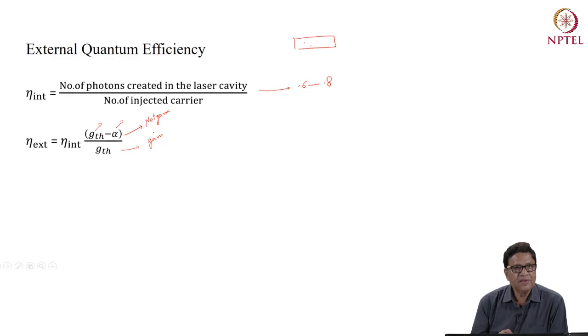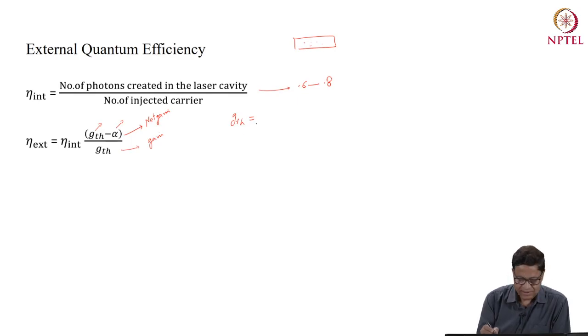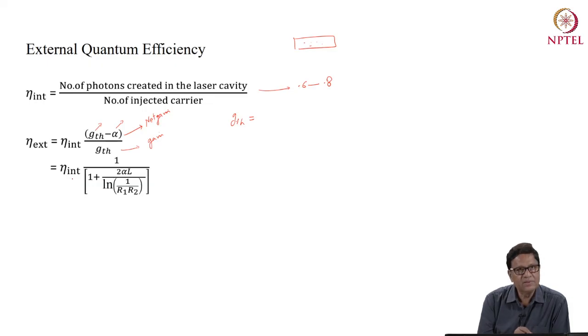I know the expression of G threshold, which we have done earlier, and using that expression we can find this ratio. After doing some calculations, what you get is η external equals η internal, which is of the order of 0.6 to 0.8, times 1 by 1 plus 2 alpha L over log natural 1 by R1 R2. So this is the typical external quantum efficiency of a laser diode.